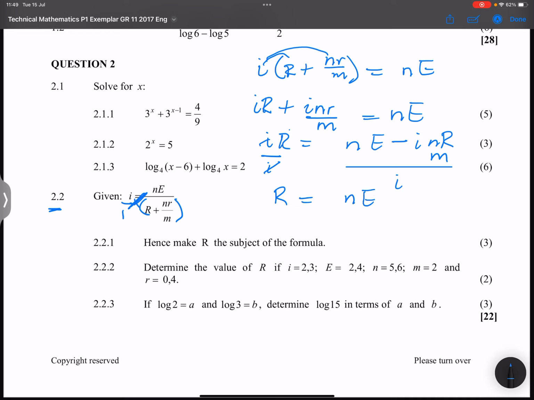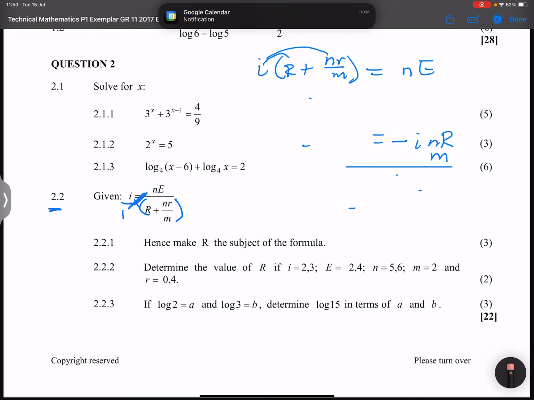So that's NE minus INR over M divided by I. I much prefer the first one. So that is the first one that we had. I just erased it, but not a problem with that.